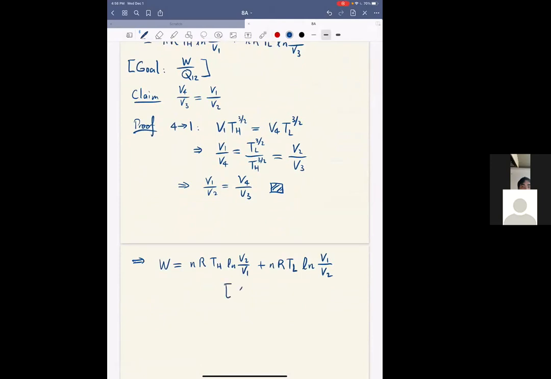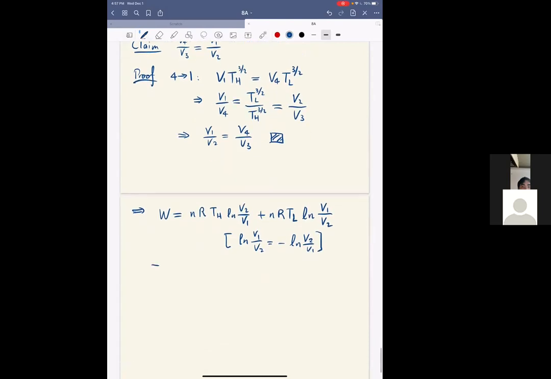And recall that ln V1 over V2 is just minus ln V2 over V1, using a math equation for the ln. Therefore, the work done is just R times T high minus T low times ln V2 over V1.